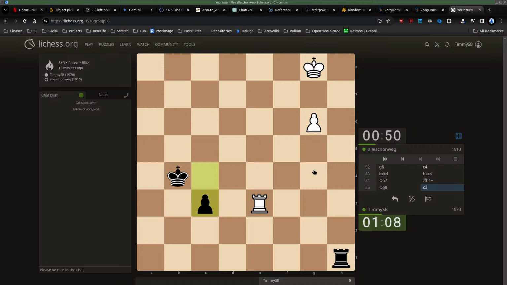Is this a draw? Well, it's already covered. He's almost there. Like 2 moves. I need 1, 2, 3 moves. It's a draw. Let me just give the rook. Let me see. How do I give my rook? Like this. It's no fun.